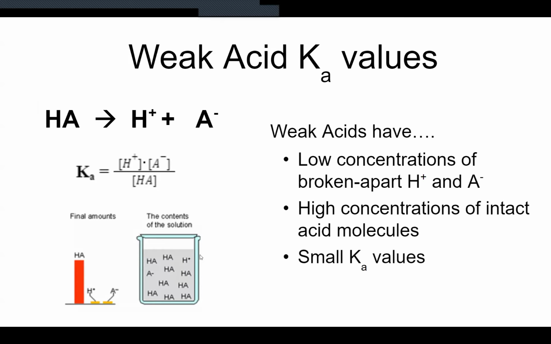Think about that from a ratio standpoint. If your HA concentration is large, your denominator is large. If your H+ and A- concentrations are small, your numerator is small. A small numerator divided by a large denominator gives a small ratio.